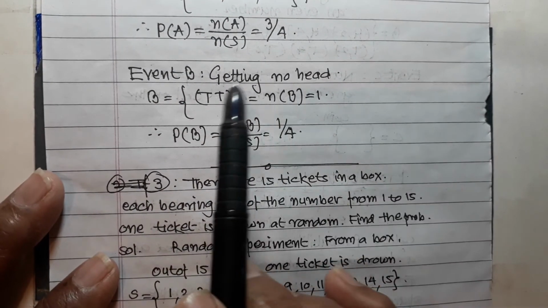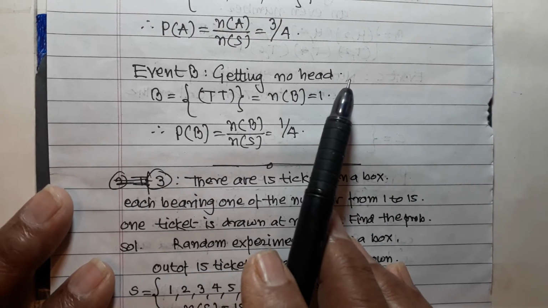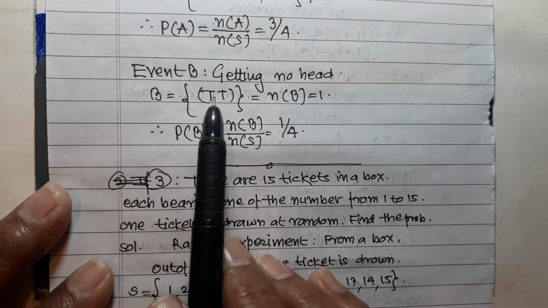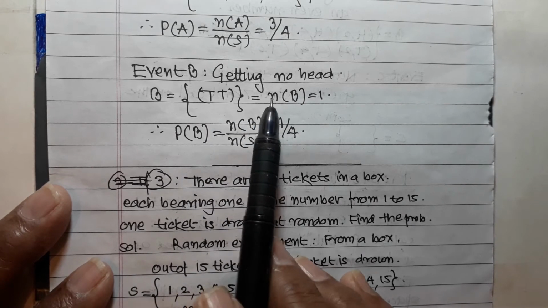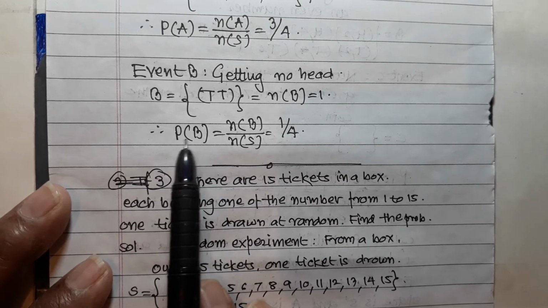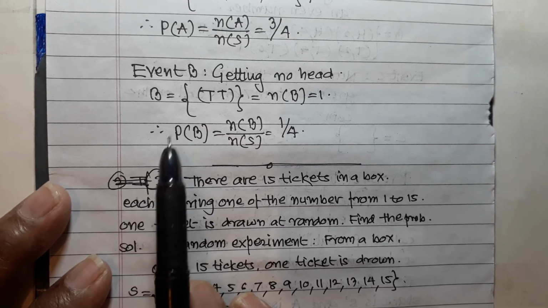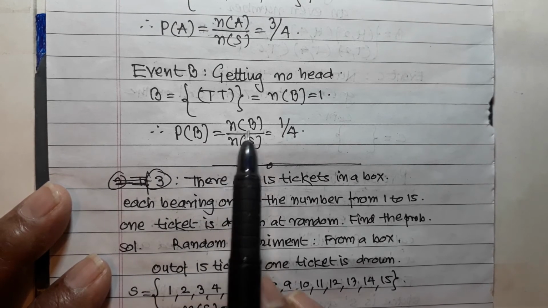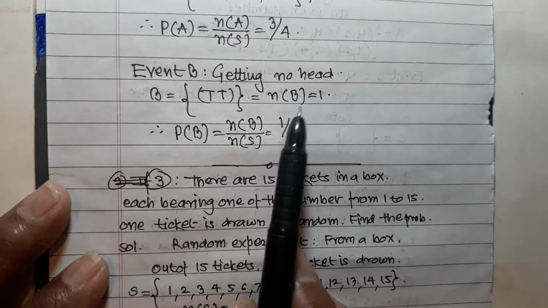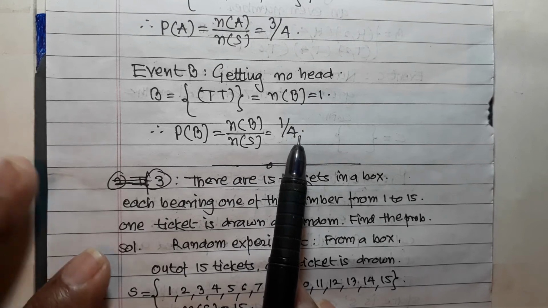Event B, getting no head. So the favorable outcome is one, TT. So n(B) is equal to 1 and therefore P(B), the probability of event B, is equal to n(B) upon n(S), and is equal to 1 upon 4.